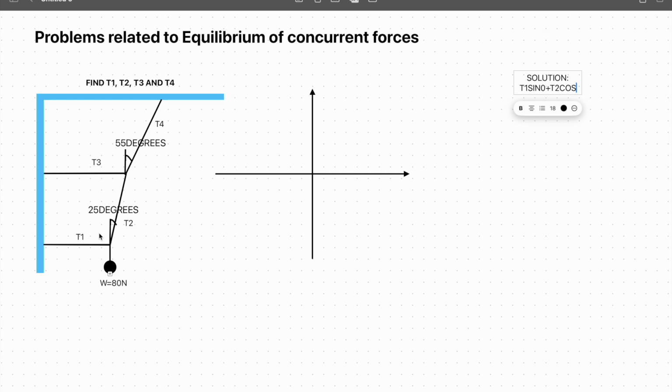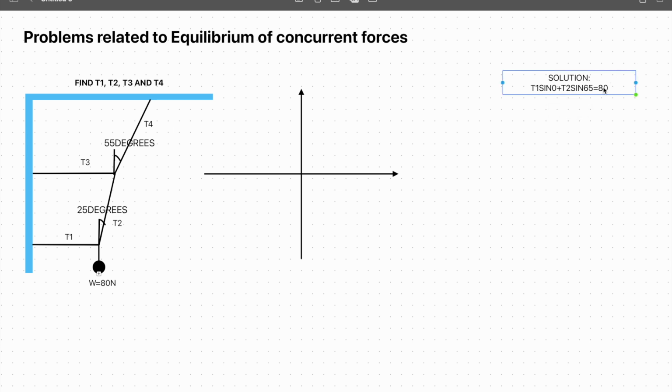If we assume this is the y-axis, we have to take sine, but we can also take cosine 25 or sine 65, whatever we want. At our ease, we have to solve it. So it's cosine 25 or sine 65, since 90 minus 25 is 65, so T2 sine 65 equals 80 Newton, the force working downwards.